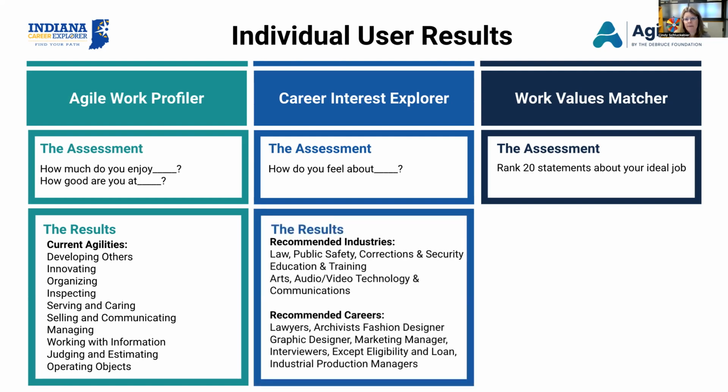The results from the Career Interest Explorer, you can see it, like I told you on the previous slide, it recommends industries for me. So my 3 industries were law, public safety, corrections, and security, which I never really considered in my span of going back to school and getting several degrees or even looking for jobs.